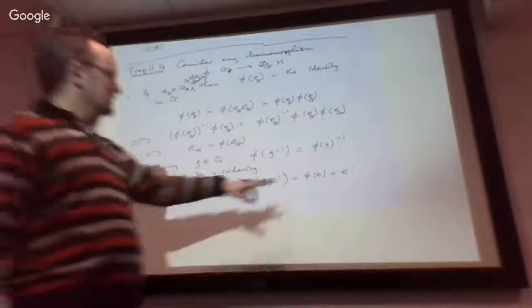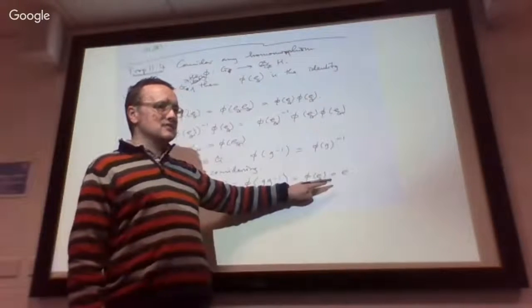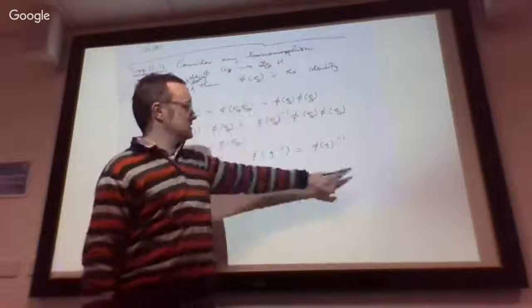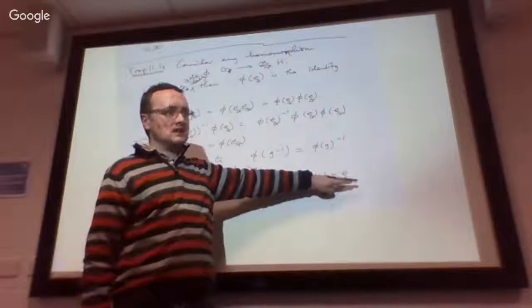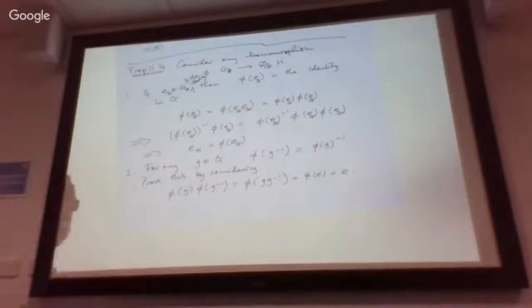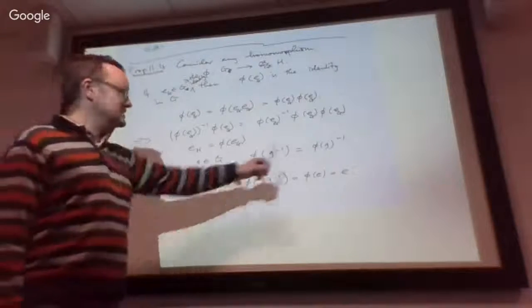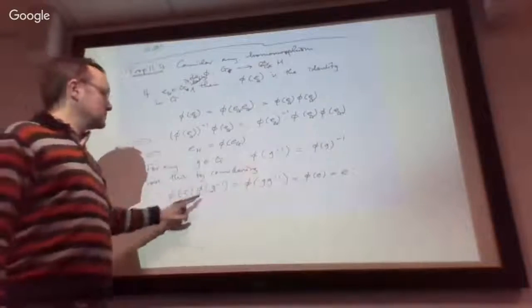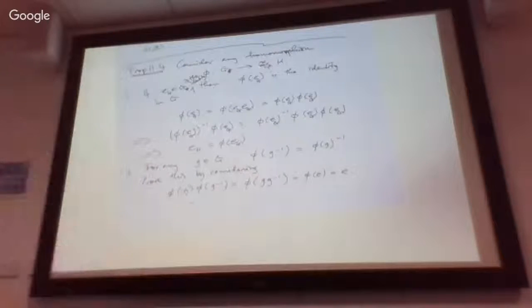Note that this identity here is the identity in the group G, the domain. This identity is the identity in H, the codomain. Clear on that? So phi of G times phi of G inverse is equal to the identity. That means these two elements must be inverses of each other.